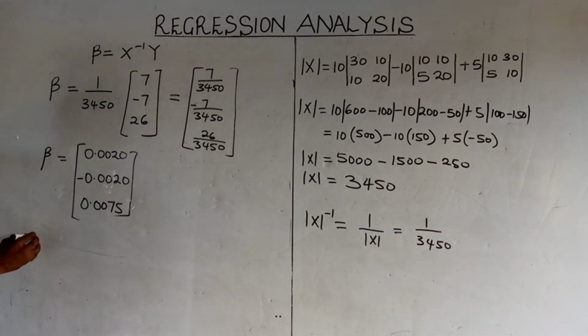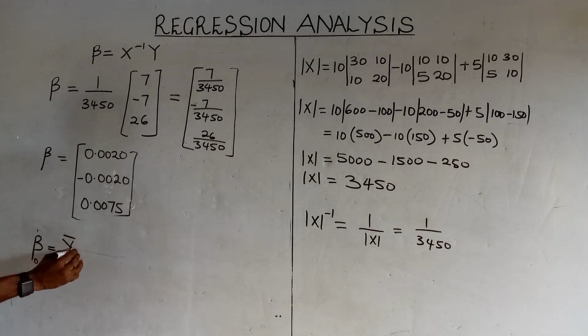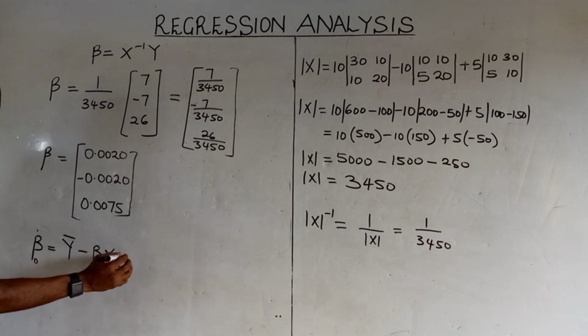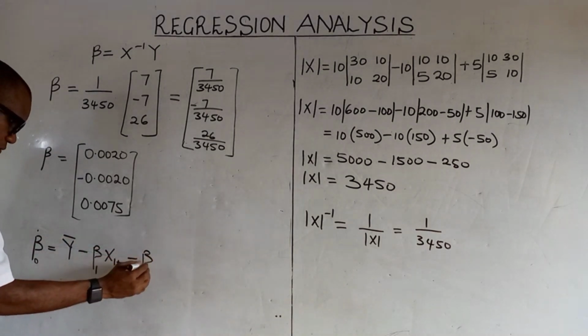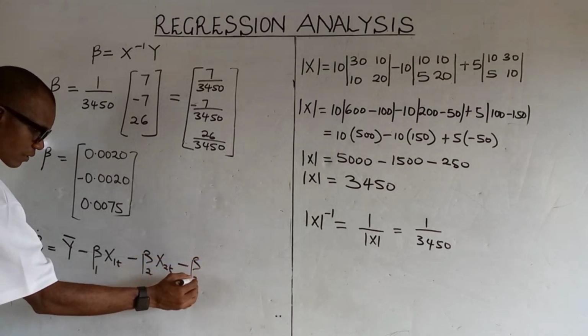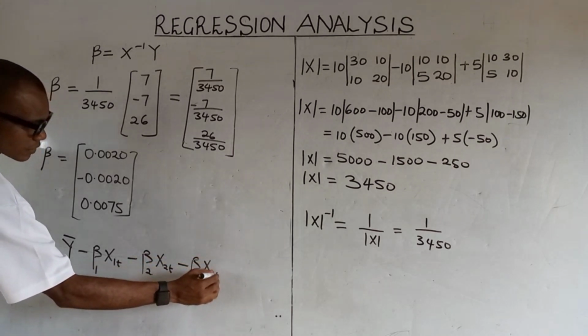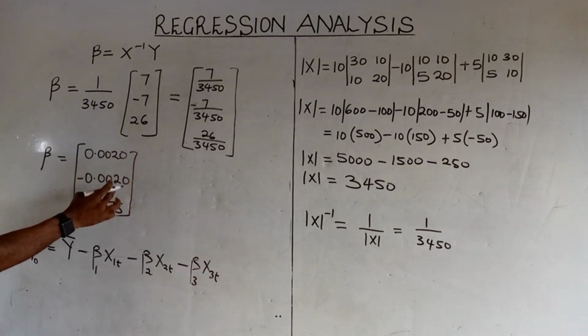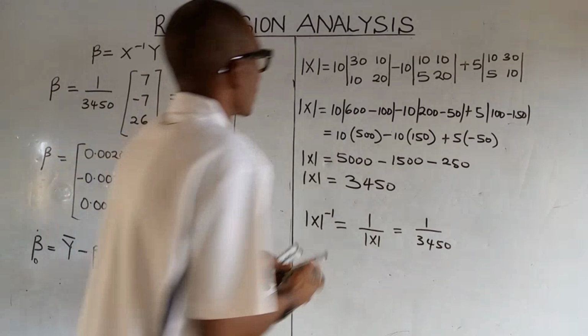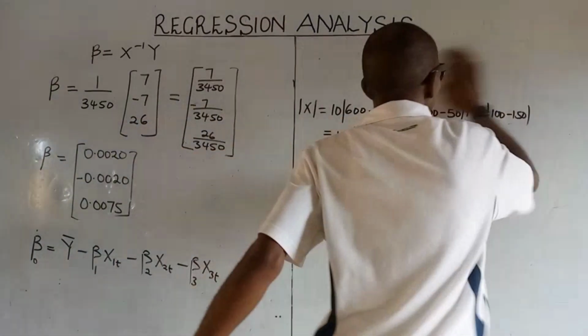We remember that B naught is y bar minus B1 x1t bar minus B2 x2t bar minus B3 x3t bar. So we just carry the values for B1, B2, and B3, put inside here. That is just the simplest thing to do.